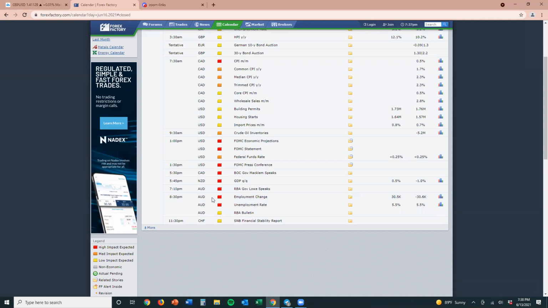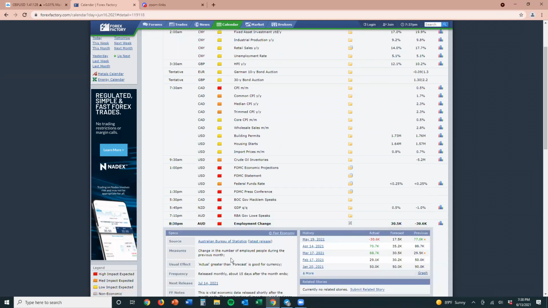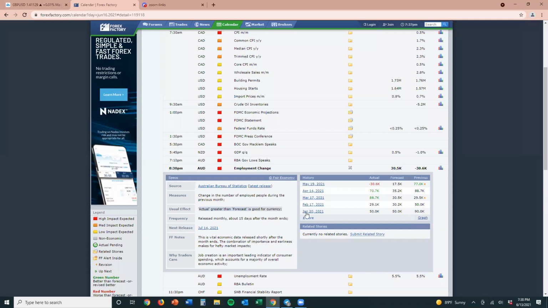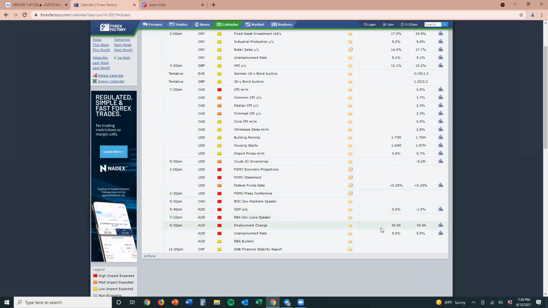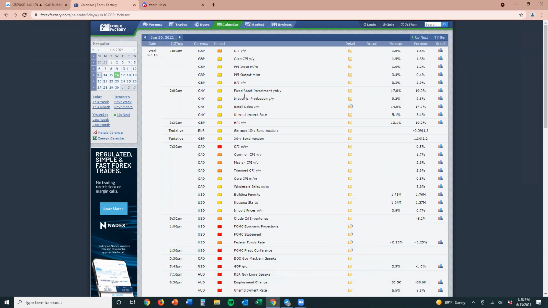This is going to be a huge move for the AUD, whether bullish or bearish. I have no idea yet, but actual greater than forecasted once again. If this number is greater than the forecasted 30.5K, that's going to be great for the currency. If it's less than, then of course that's going to be bad for the currency.